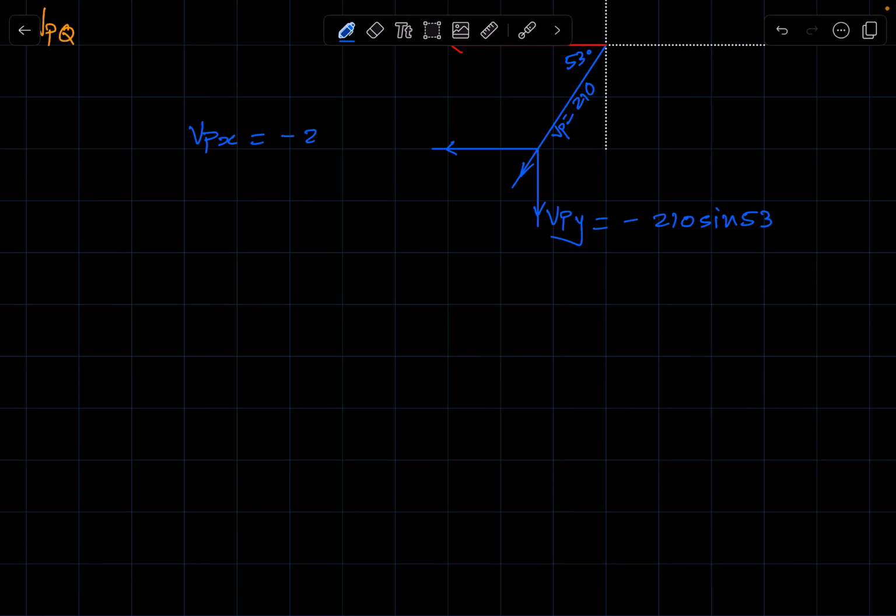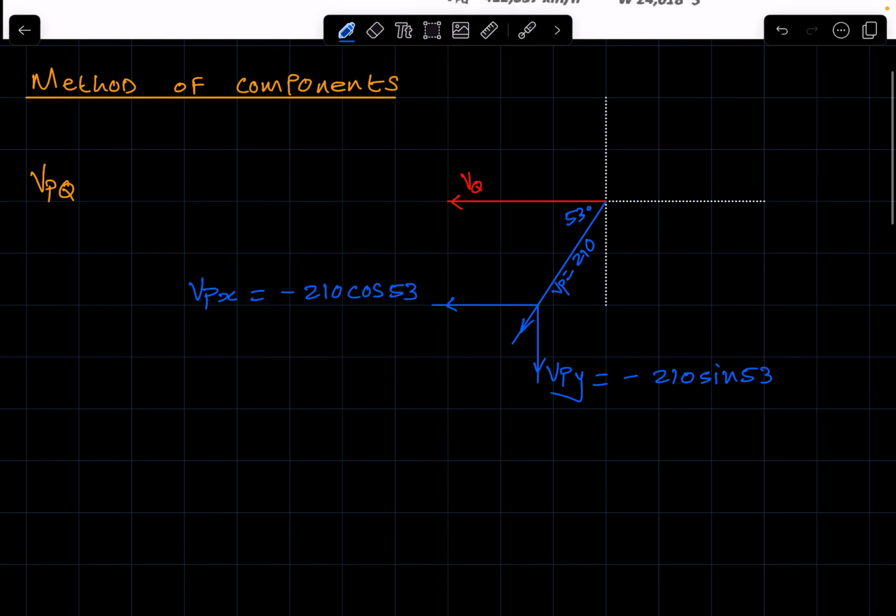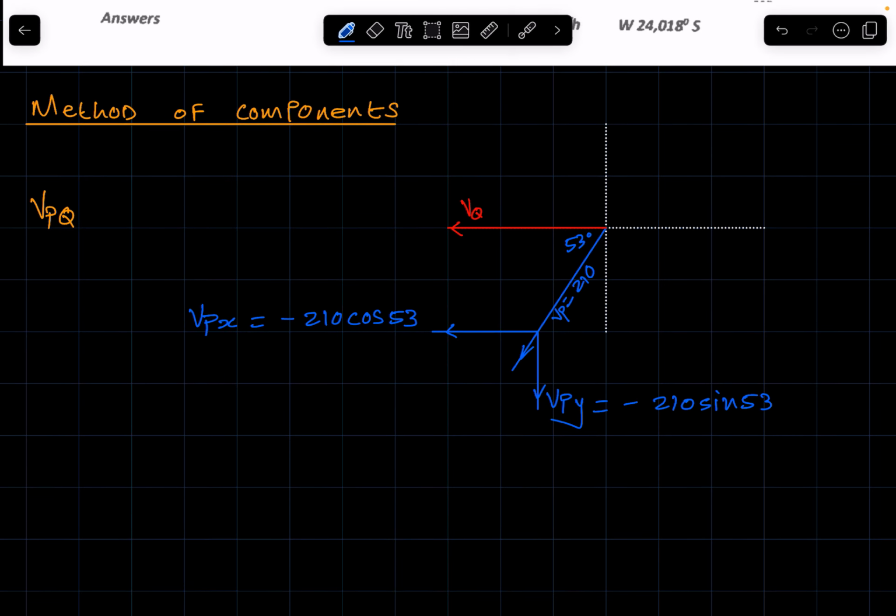So this will be negative 210 cos 53. So for both components, we're able to use cos for the x component because the angle we are using is referenced from the x-axis, and the y component of VP we're able to represent in terms of sine. So that is VP.